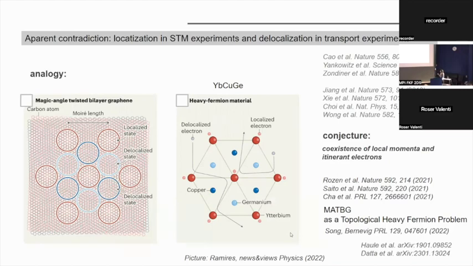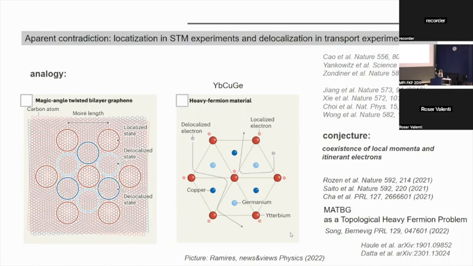In fact, there was for some time an apparent contradiction: by looking at STM experiments, one was observing a lot of features of correlation and localization, while in transport experiments one is observing a lot of features of delocalization. And the question is how you bring these pictures together.